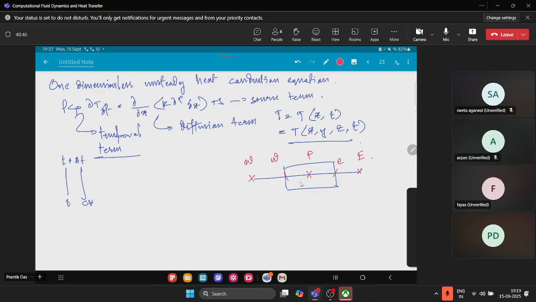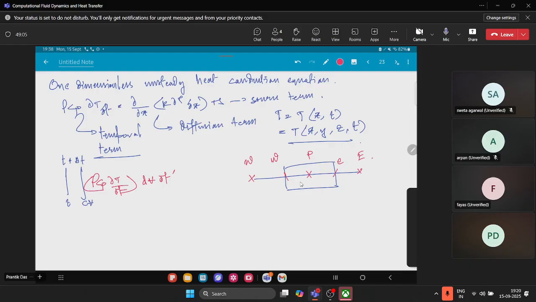If I go like that, we have the integral of rho Cp dT/dt dV dt'. The differential time element I'm using is dt'; you can use dt, both mean the same.